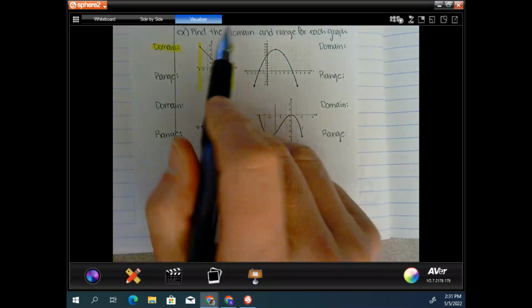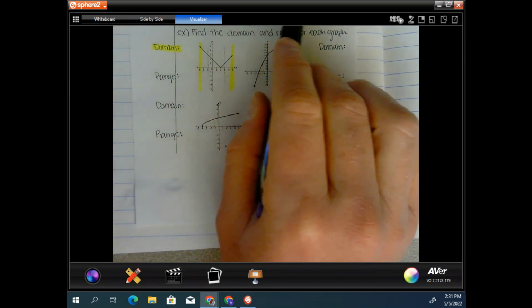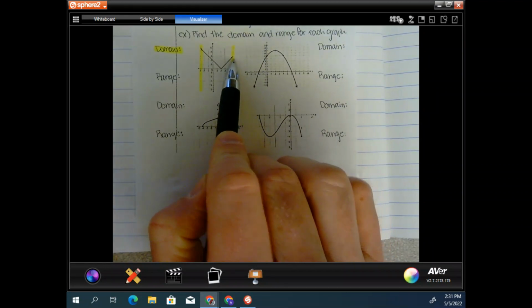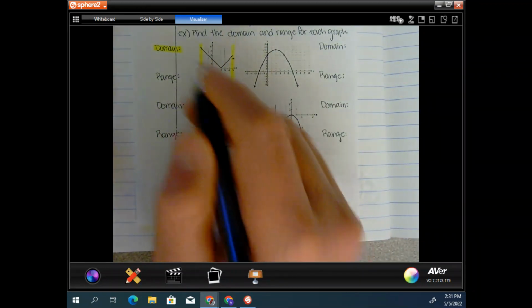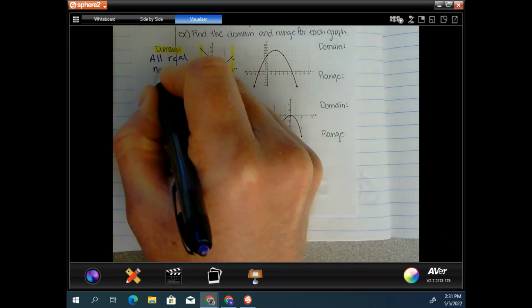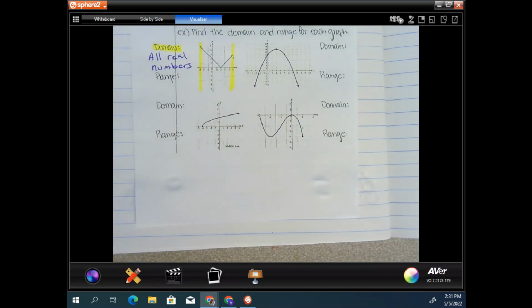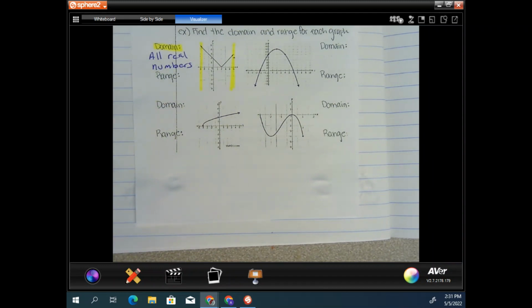Although one thing I notice is, and this was a note we made above, that the graph goes to infinity when it ends with an arrow, and I see an arrow, and I see an arrow. So to write our domain when we have arrows on both walls, we write that as all real numbers. That's if arrows are on both walls, which I did here in yellow highlighter.